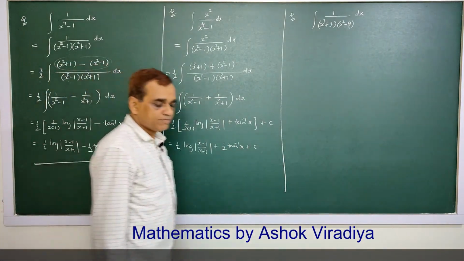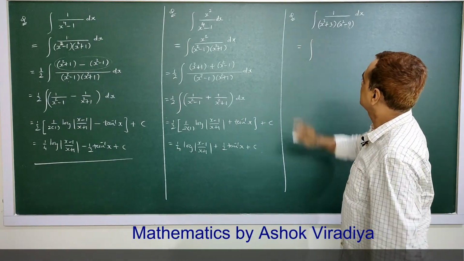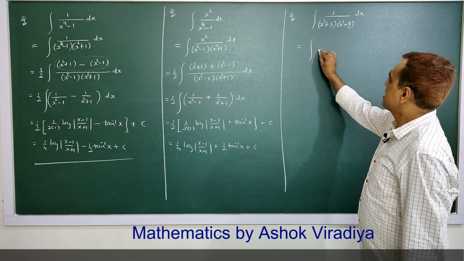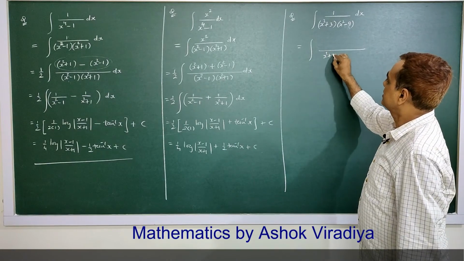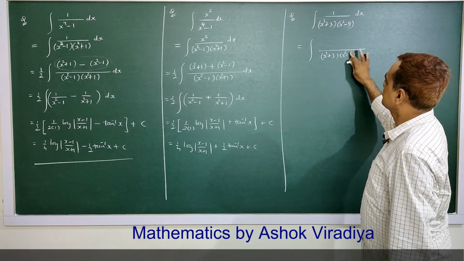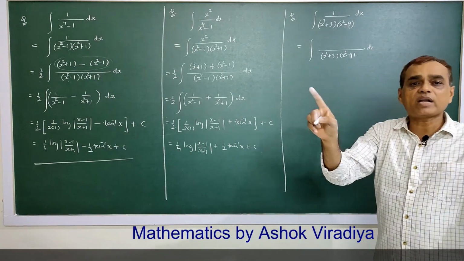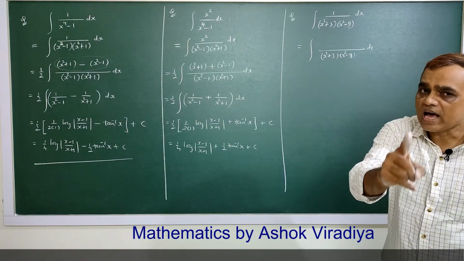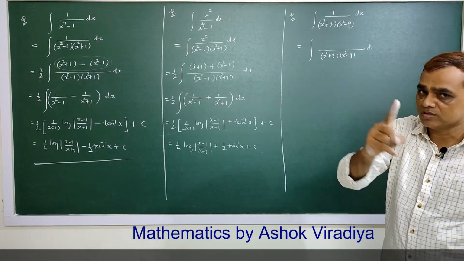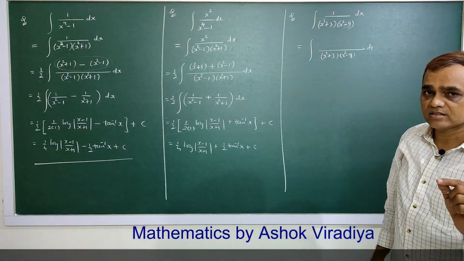Now say here, this is x square plus 3, x square minus 9. See, everywhere x square, no x or x cube allowed in numerator or denominator.